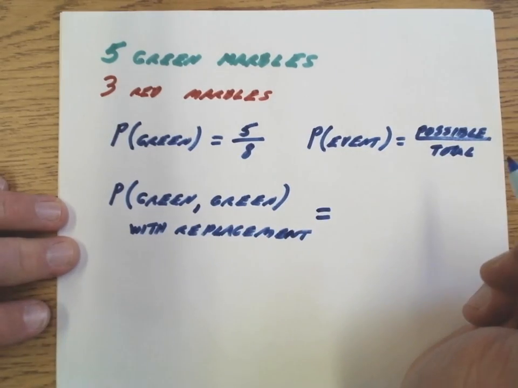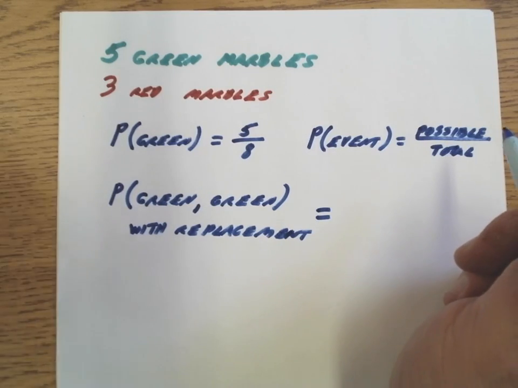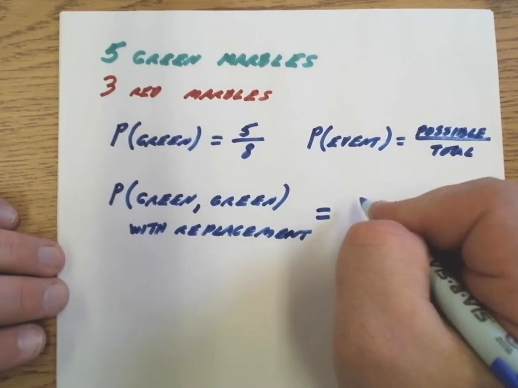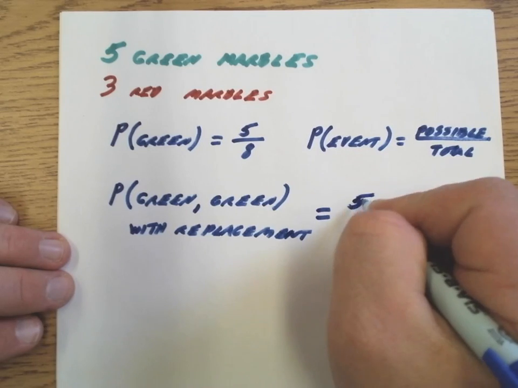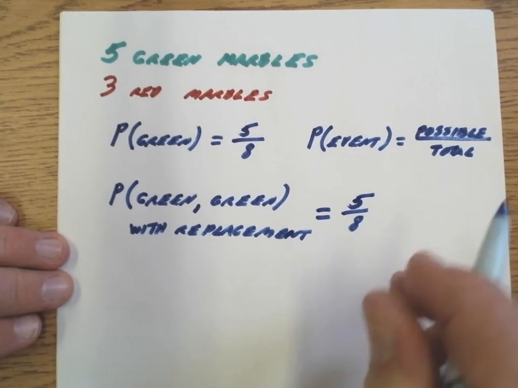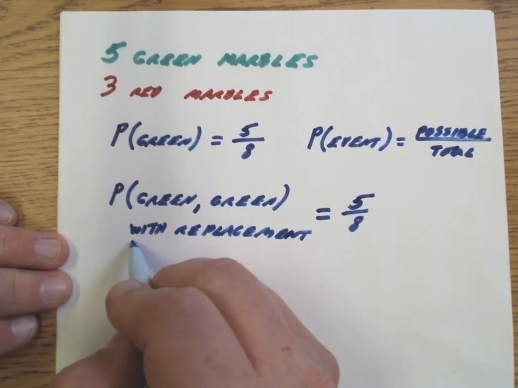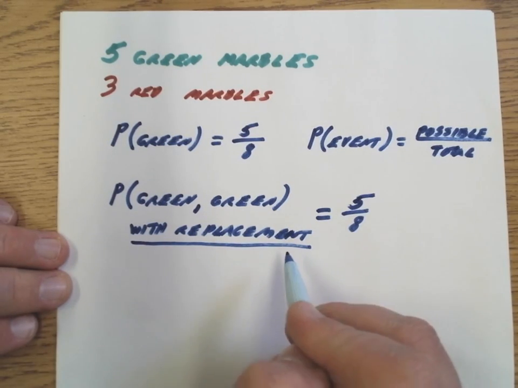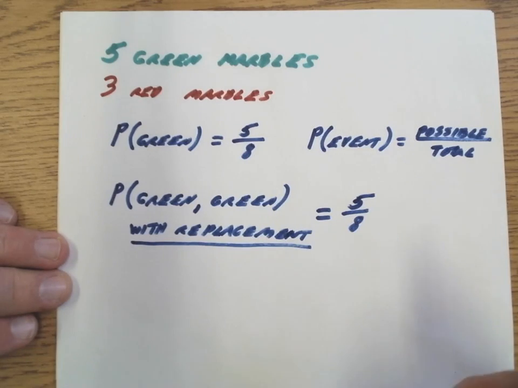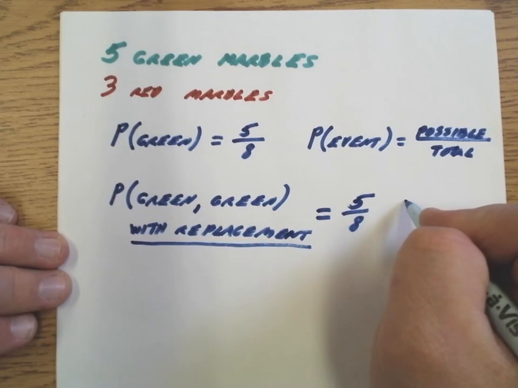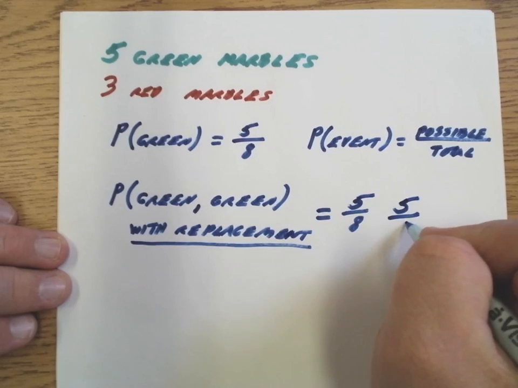And the way this works is as follows. Now, we've already established that the probability of picking one green one is 5 out of 8. Now, if I take that green one out, and then with replacement means I'm going to put it back in the bag, well, the second time, my chance of picking a green one is also 5 out of 8.